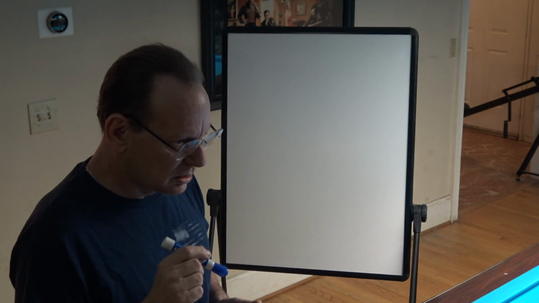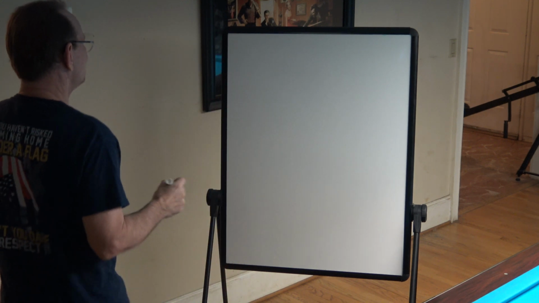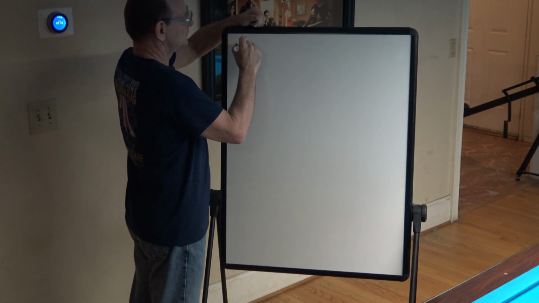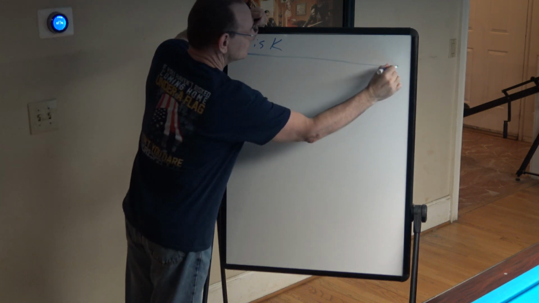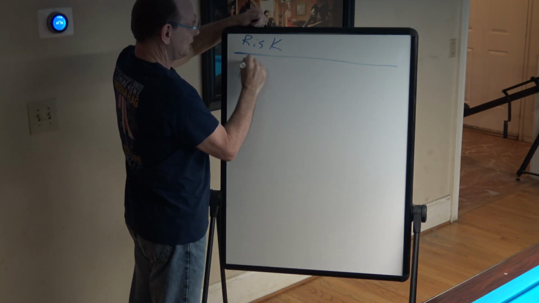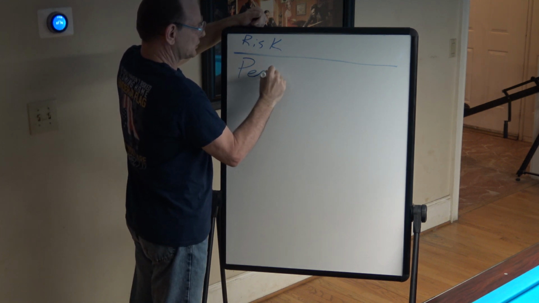So we're going to talk about this kind of at length. I'm going to cut it into pieces so they're consumable pieces. There are 4 categories of risk. You have personal risk.